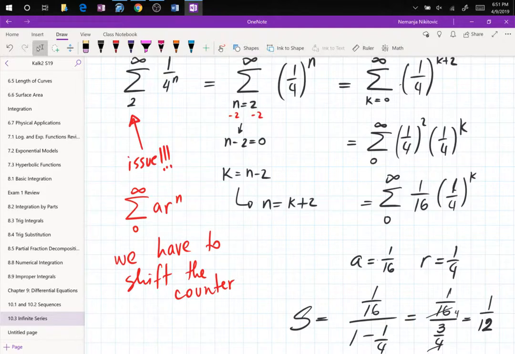To solve a differential equation, you have to differentiate power series, which is our chapter 11. Every time you differentiate a power series, your counter goes up by 1. So your function starts at 0, your first derivative starts at 1, your second derivative starts at 2.